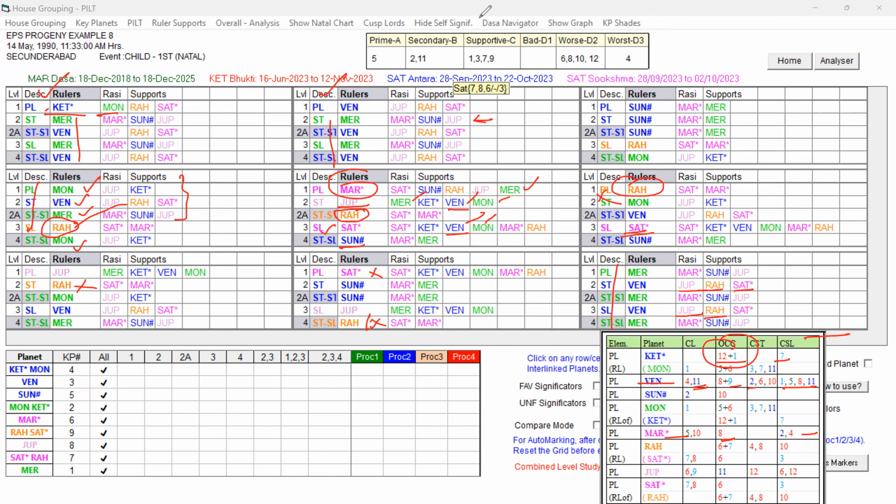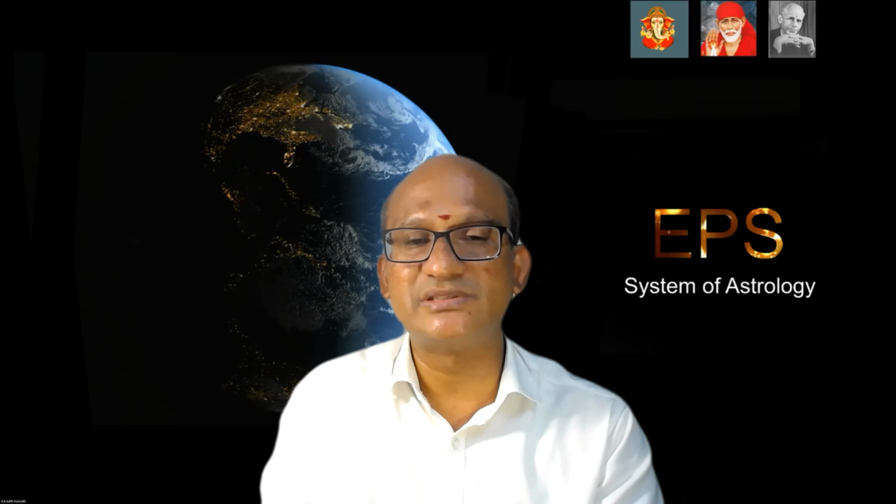So I think you are able to understand and follow the important steps, by finding the key planets and their role in the destiny, Dasa Bhukti, conception and also delivery. As I used to say, whenever you have a doubt on each planet, whether this planet is better or that planet is better, and you are not able to come to a decision, just click on that PILT table.